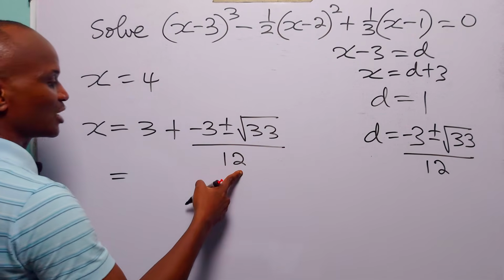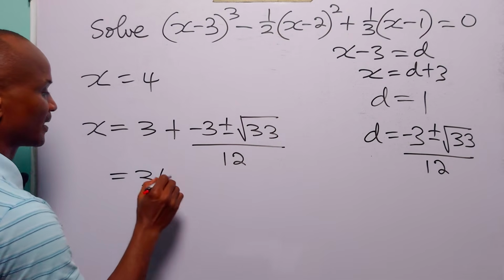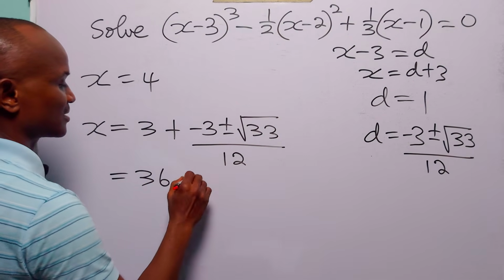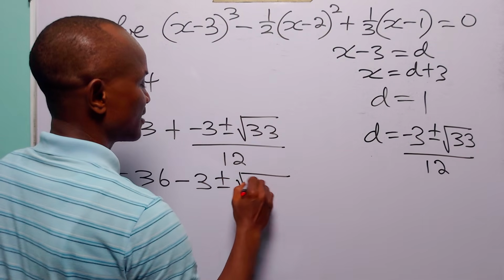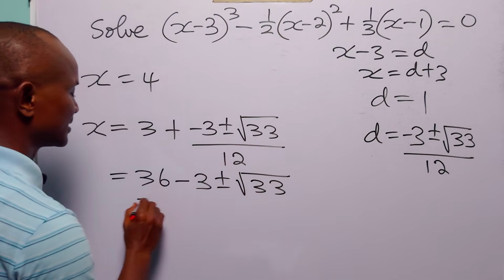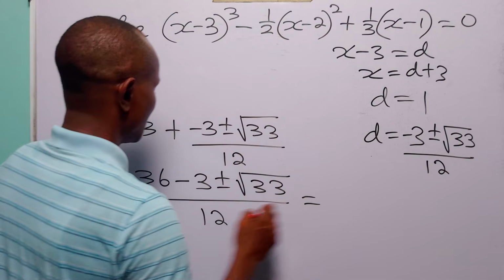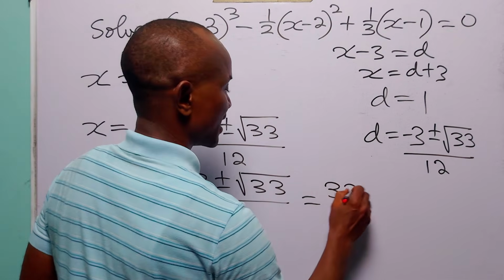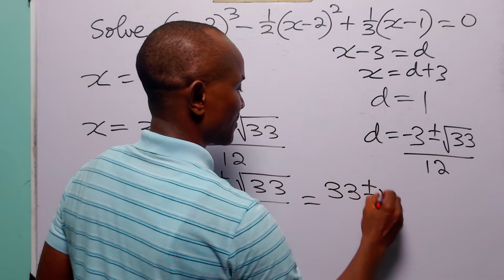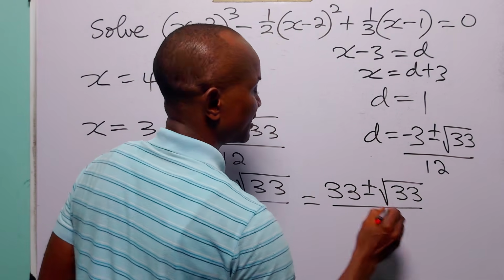Now, from here, we have 12 times 3, which is equal to 36, minus 3 plus or minus the square root of 33 divided by 12. Now, 36 minus 3 is equal to 33. So we have 33 plus or minus the square root of 33 divided by 12.